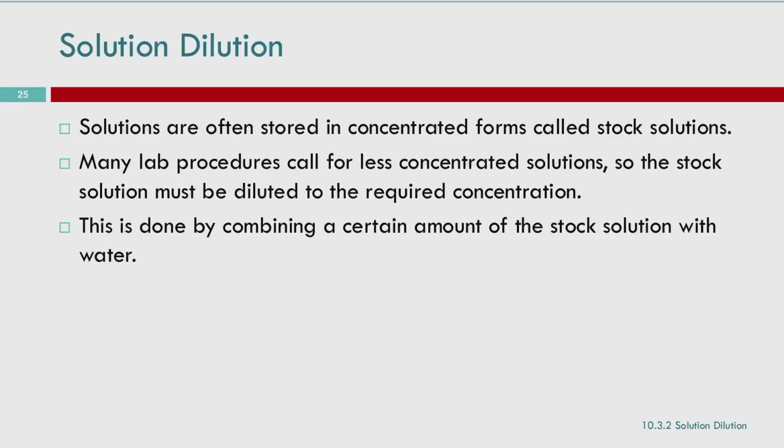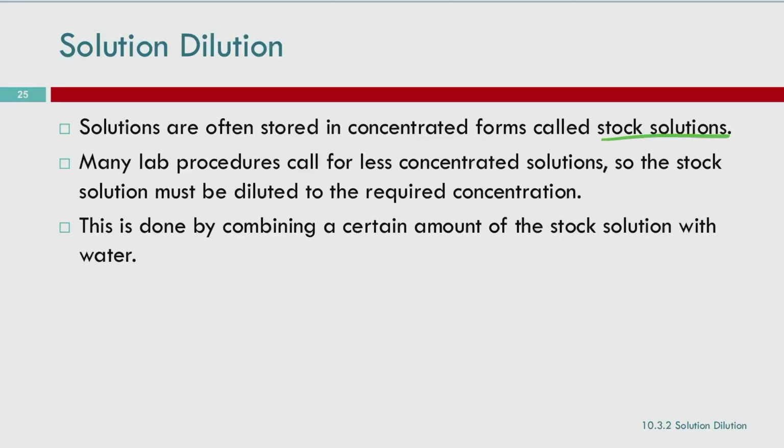Okay, the reason that we're talking about solution dilution is because if you end up doing chemistry stuff, oftentimes our solutions are stored in concentrated forms. We would call these stock solutions, and those are stored in the stock room where we store our stock solutions. The reason that we do this is it's easier to store highly concentrated small amounts of solution and dilute it down from there. It's easy to just add water or whatever solvent to something and make it more dilute.